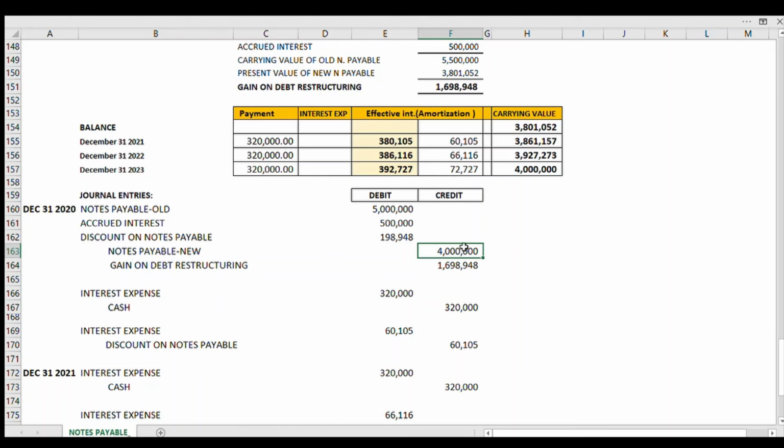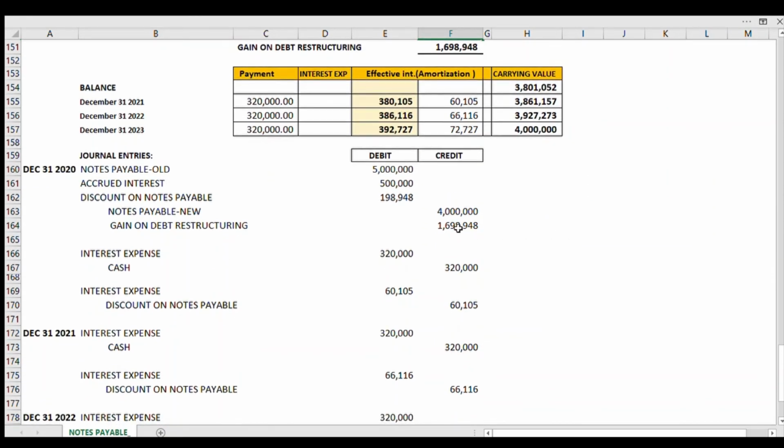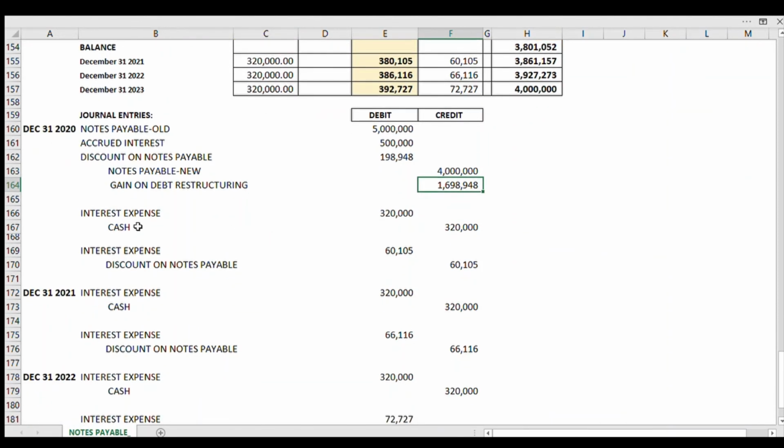Then, at the same time, since meron siyang carrying amount, no, get the difference between 4 million and the 3,801,052, ito yung discount on note, 198,948. So, balancing figure, katulad ng kinuha natin dito kanina, no? The carrying amount of the old note minus the present value of the new note is 1,698,948.